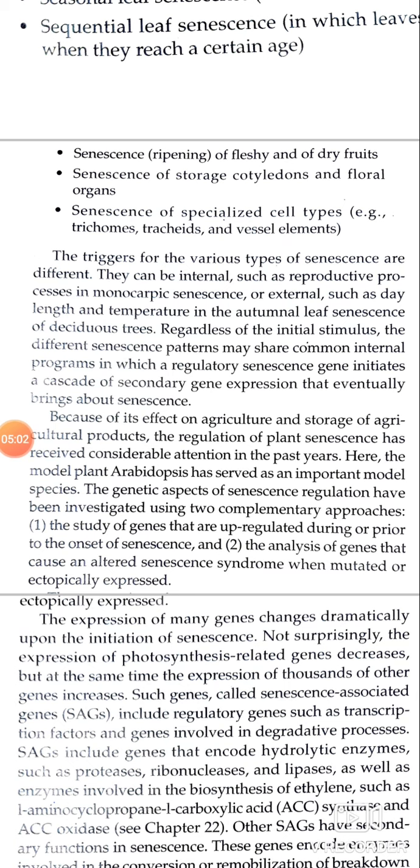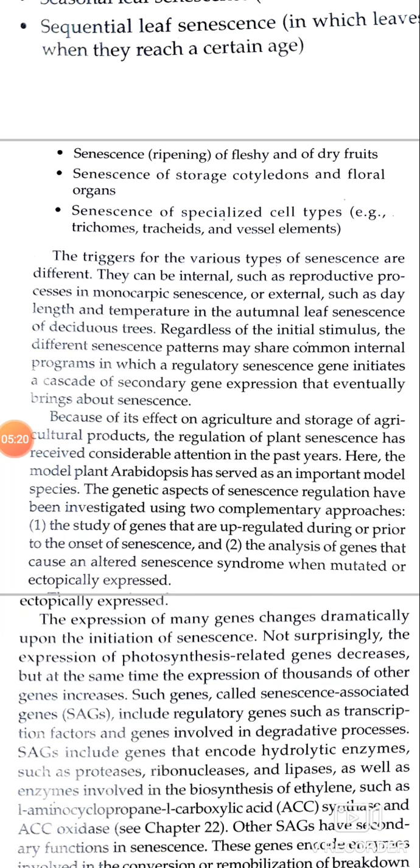The expression of many genes changes dramatically upon the initiation of senescence. Not surprisingly, the expression of photosynthesis-related genes decreases, but at the same time, the expression of thousands of other genes increases.